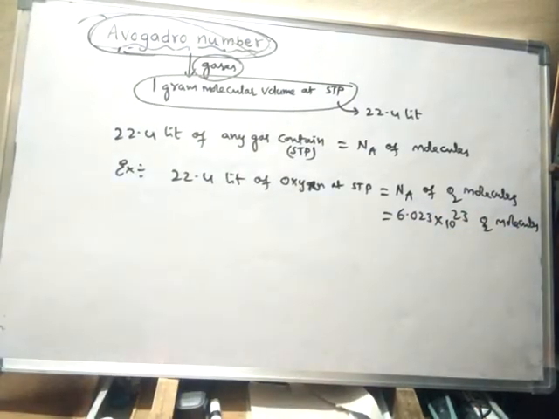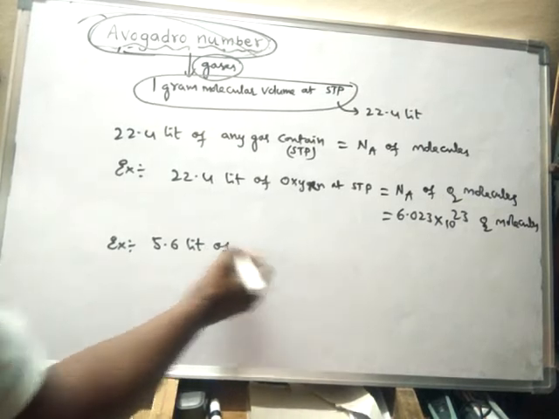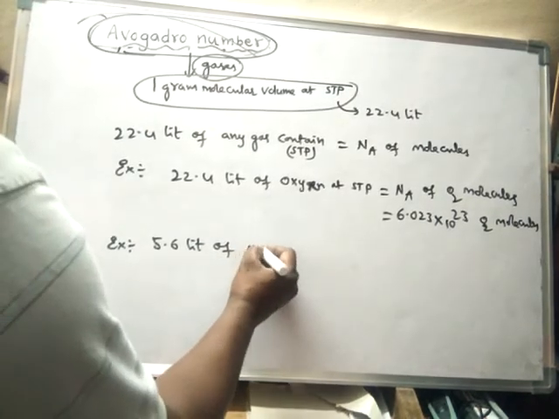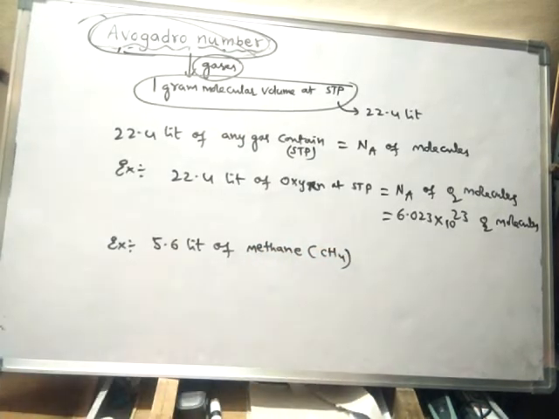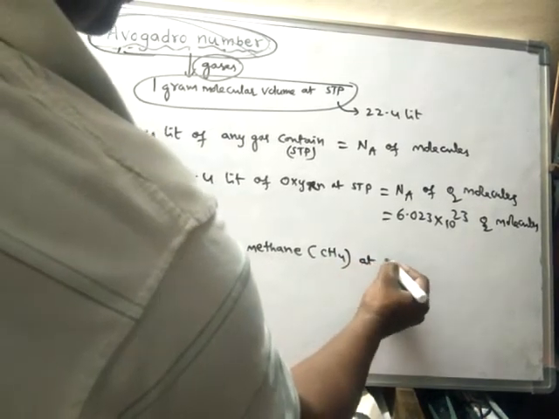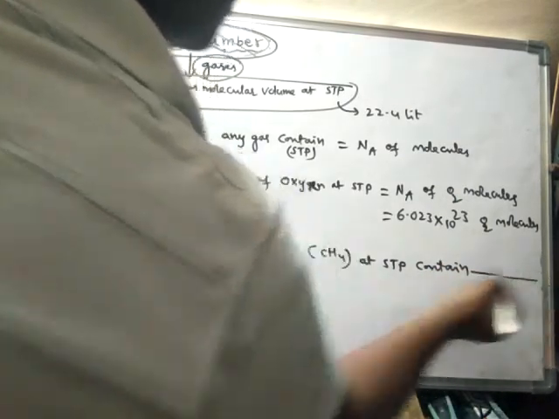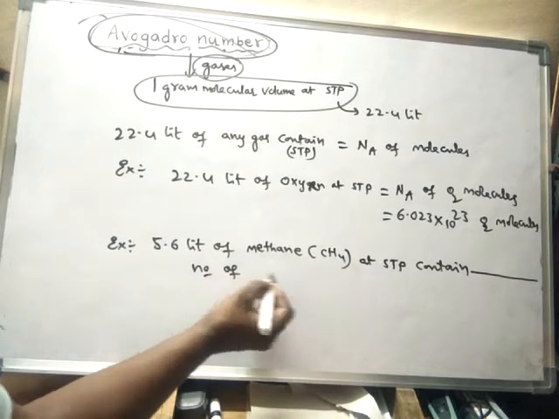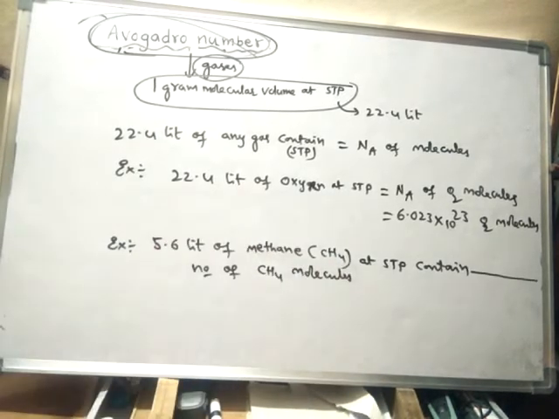Another example. 5.6 liters of methane, formula CH4, at STP contains dash number of CH4 molecules.